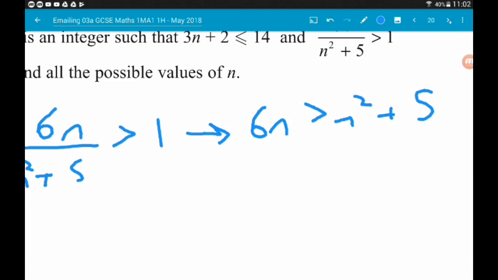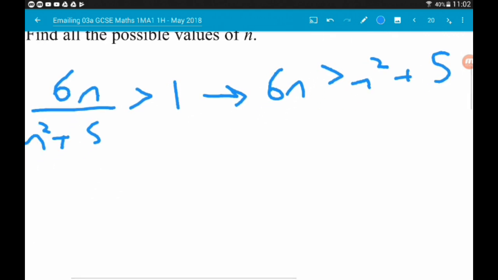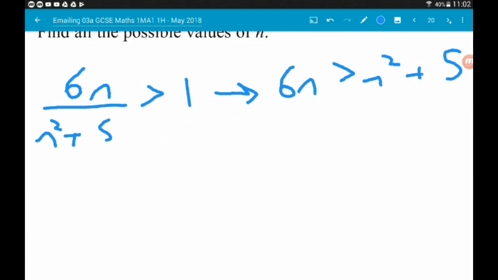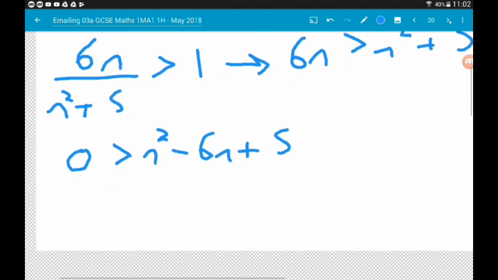It's a quadratic, so just like when we're solving equations, we want everything on the same side together with a 0 on the other. So we're going to subtract that 6n, and that's going to give us 0 is greater than n squared minus 6n plus 5.